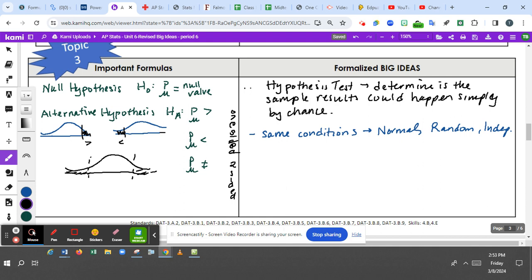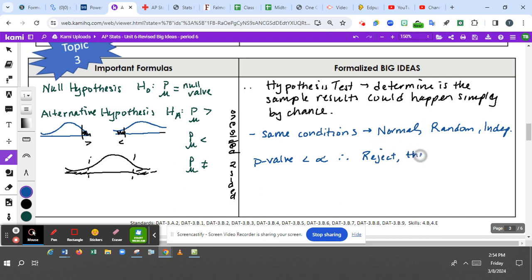Okay. The other really big key conversation is how do we determine if we reject or fail to reject? Okay. So we say that if the p-value is less than alpha, and remember that alpha is the significance level, we therefore, remember 3 dots means therefore, reject.